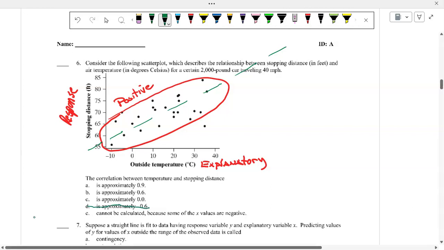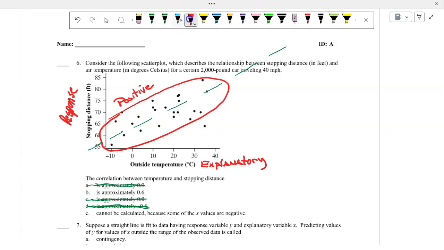So I know it can't be D. Okay, this one, the dots aren't super close, but they're not all scattered. All right, so if it was 0.9, these dots would be really close to that dotted green line. So that leaves me with 0.6 as an estimated correlation coefficient.